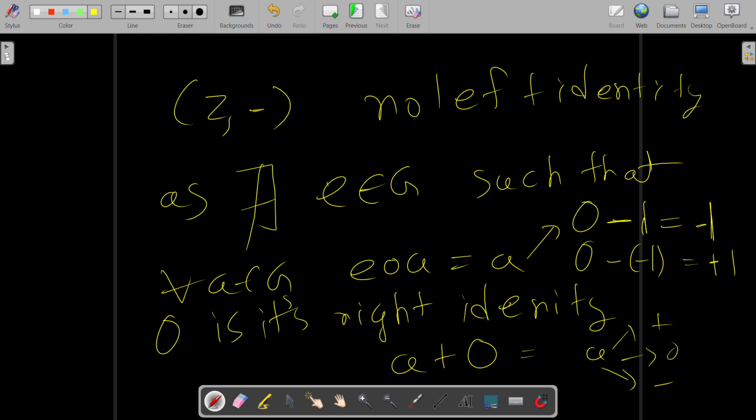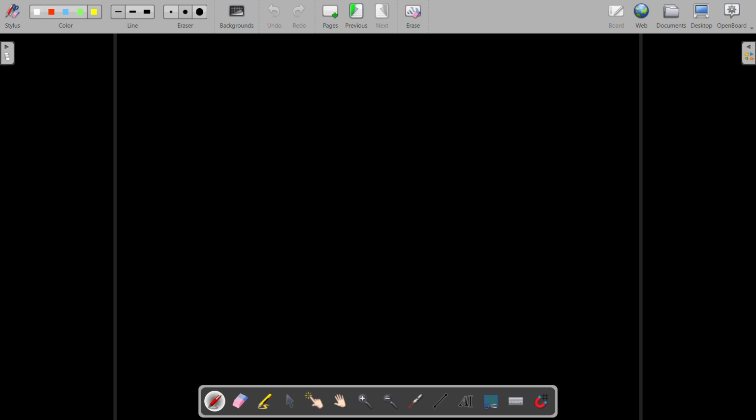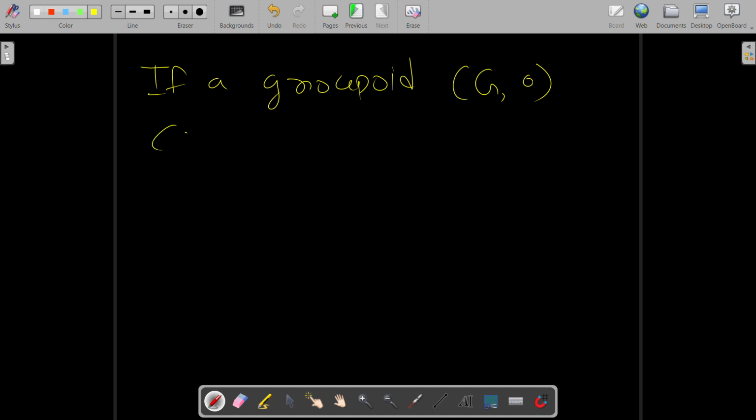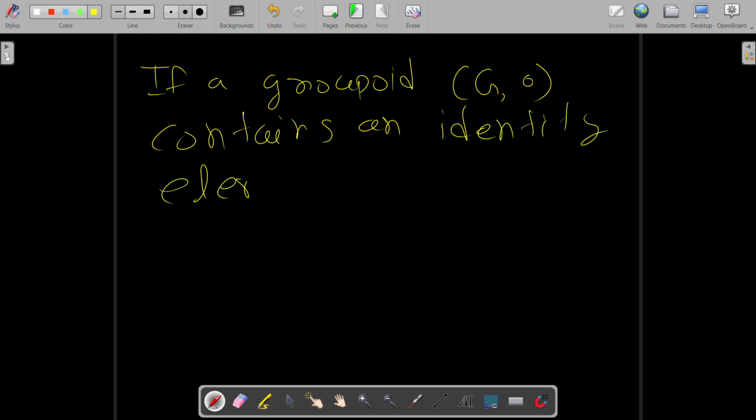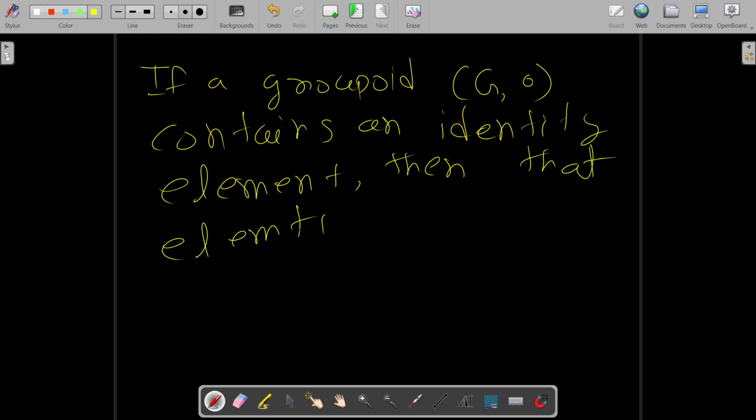The next topic is a proof. The proof statement says: if a groupoid G contains an identity element, then that element is unique.